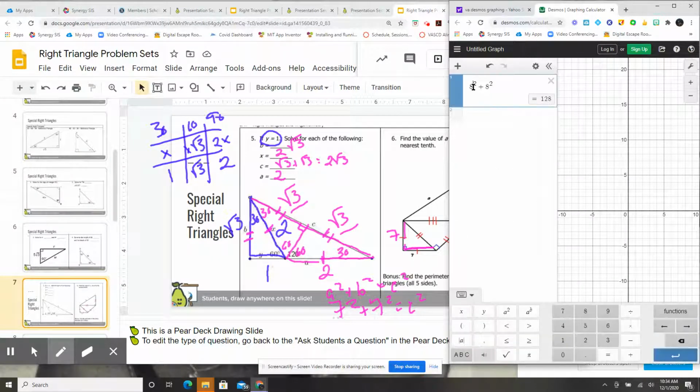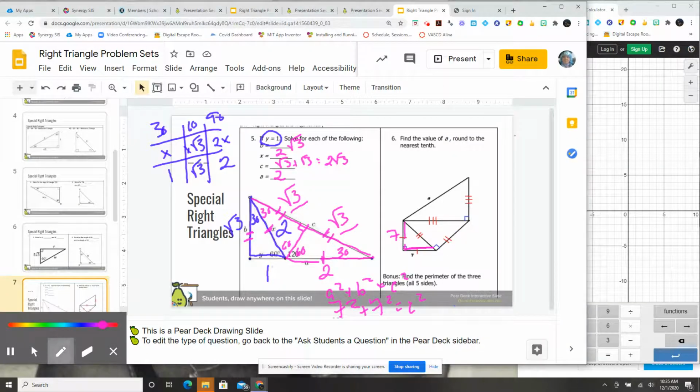So 7 squared and 7 squared is 98. And then I've got to take the square root. The square root of 98 is 9.89 or 9.9. So this is going to be 9.9, which means this other 2 tick mark is also 9.9.